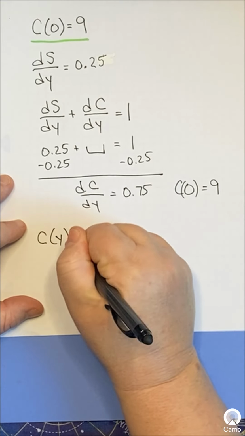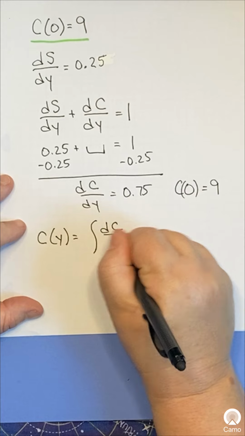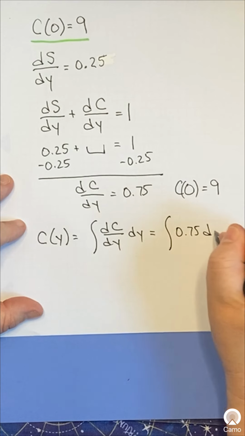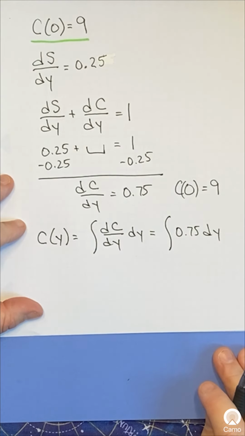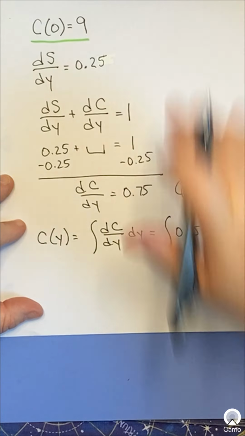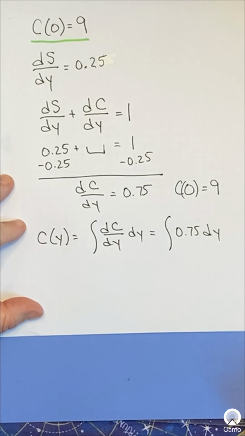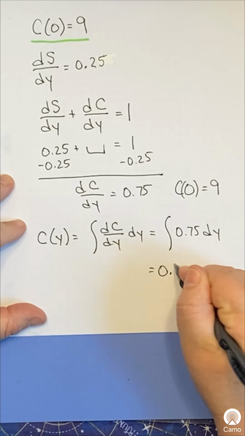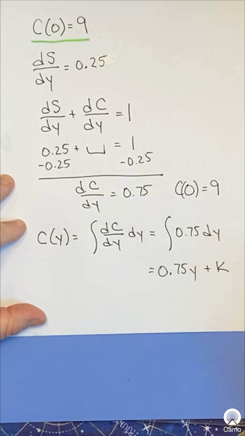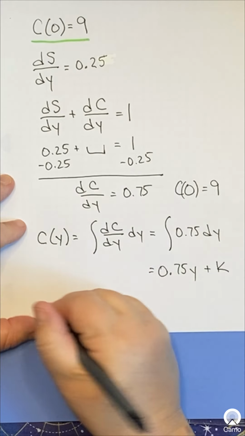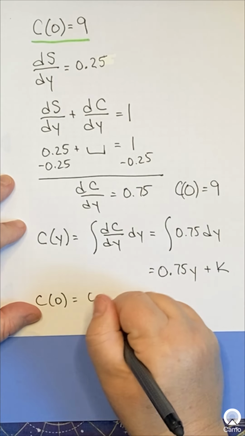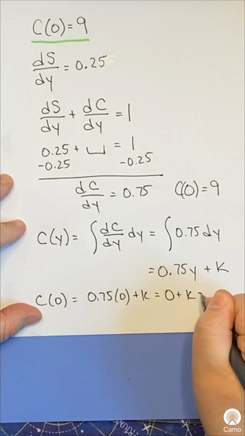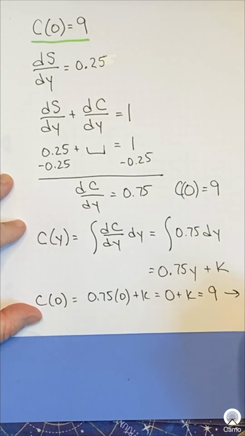So to find the consumption function, and sometimes when you're not given enough information, it actually means that the problem is easier than you think. Because if you integrate 0.75, you just get 0.75y plus some k. C of 0 equals 0.75 times 0 plus k, which is 0 plus k, which equals 9. So that tells me k must equal 9, right?